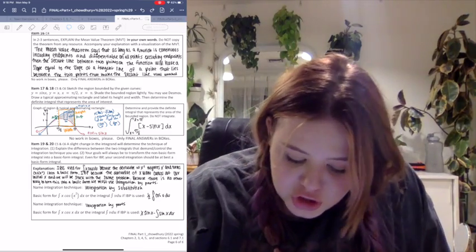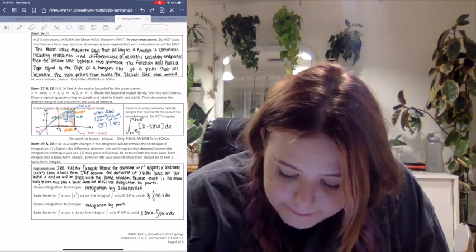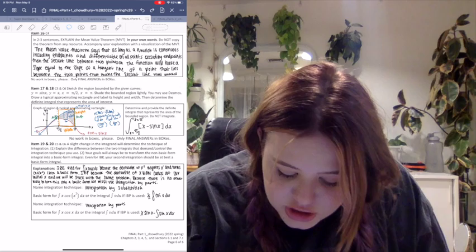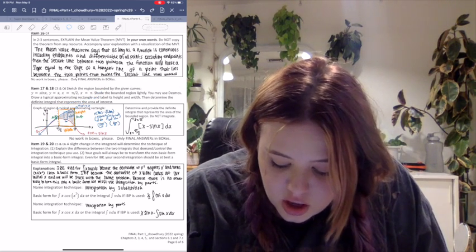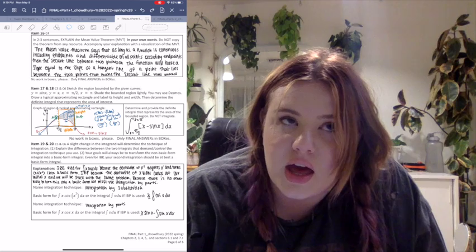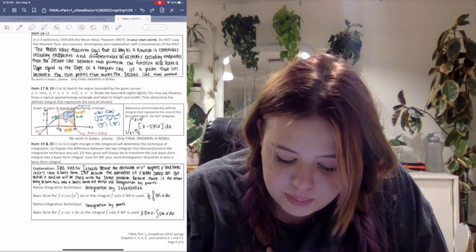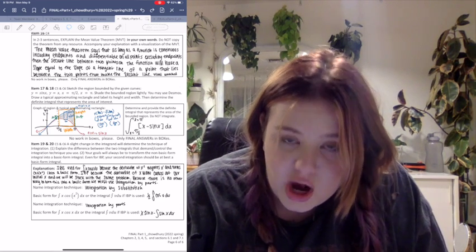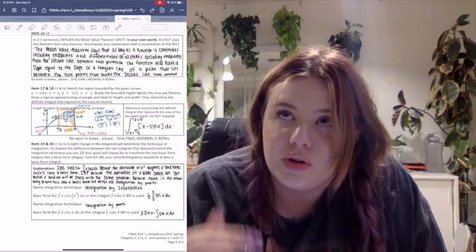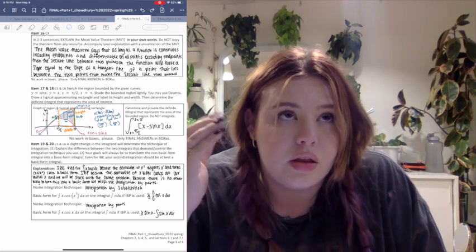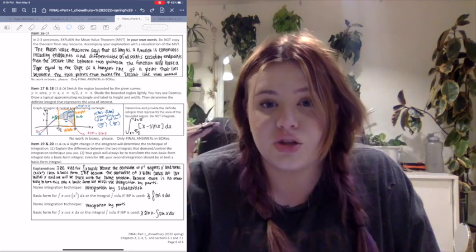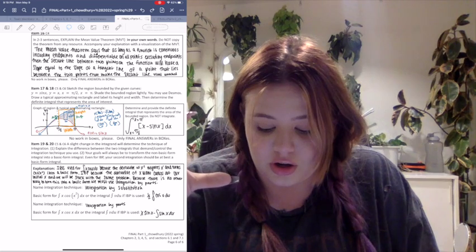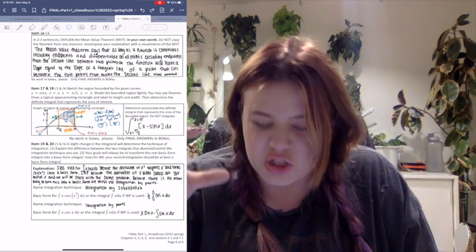And then it's just the bottom curve, which is sine x, and the top curve, which is f of x equals x. So for the area between those, you would subtract the bottom curve from the top curve, because the integral is the area under the curve, and we just need the area between two curves.